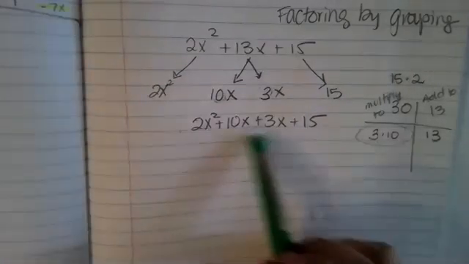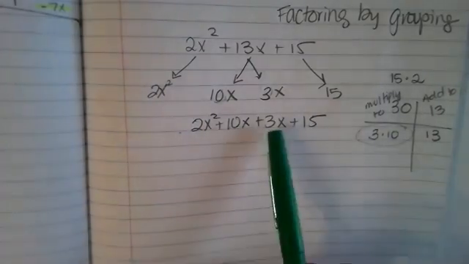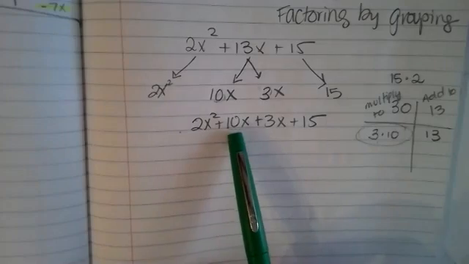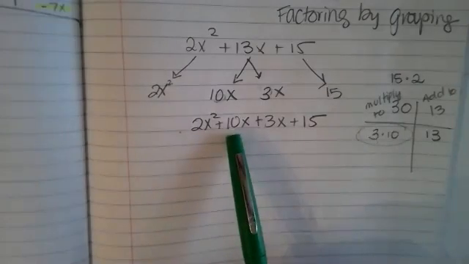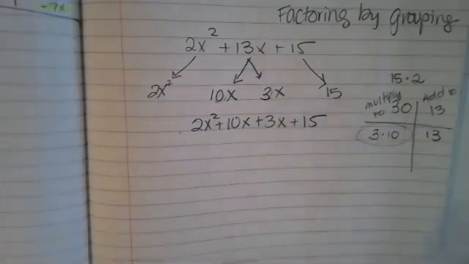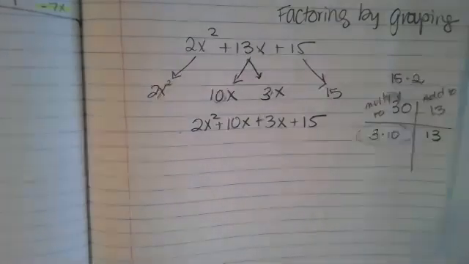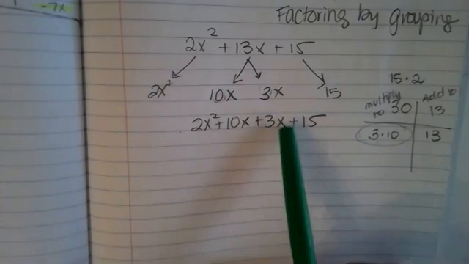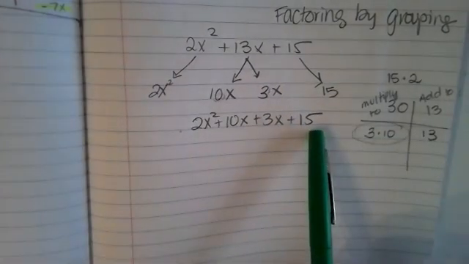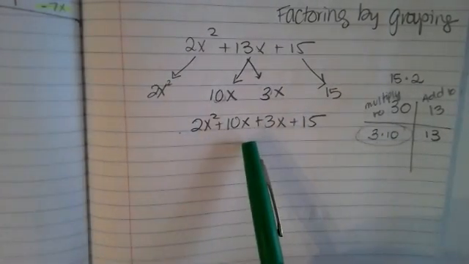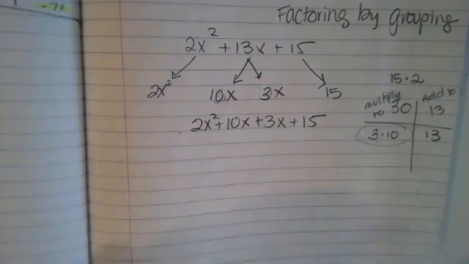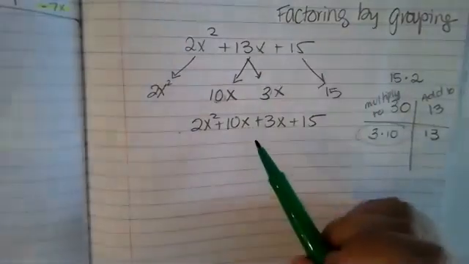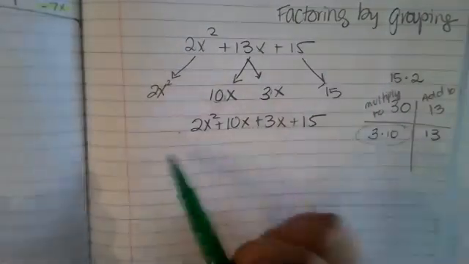That's why I rewrote this, right? Because if I had 10 listed second, or if I had 3 listed here, like I originally had, 2 and 3 don't share anything in common. Is everyone seeing that? So that does not help me. But when I rewrote it, 3 and 15 share something in common and 2 and 10 share something in common, right?